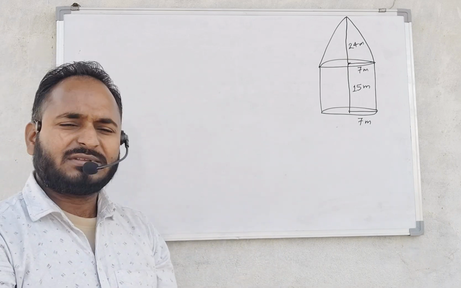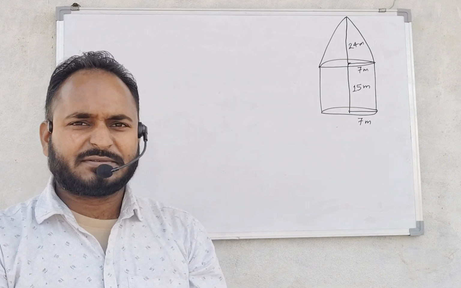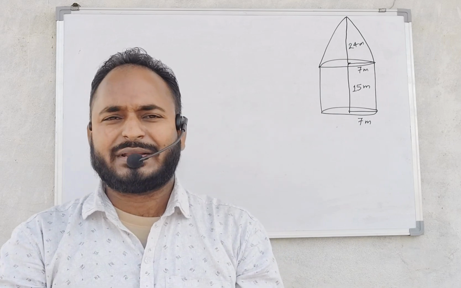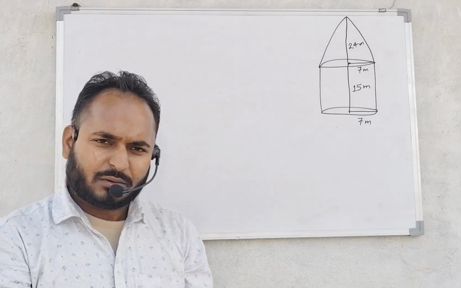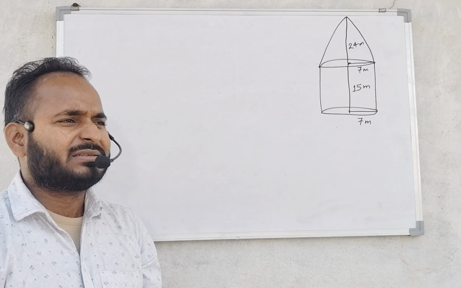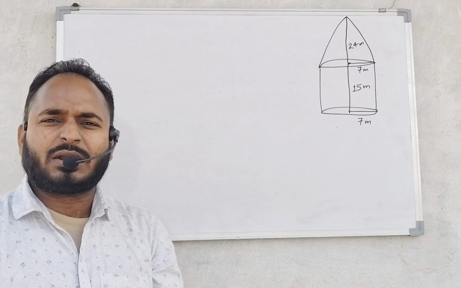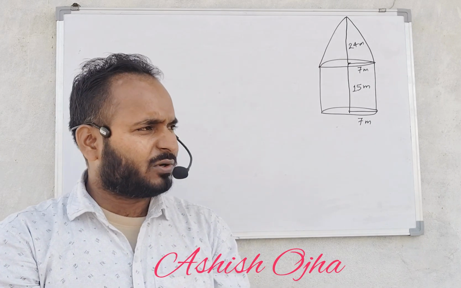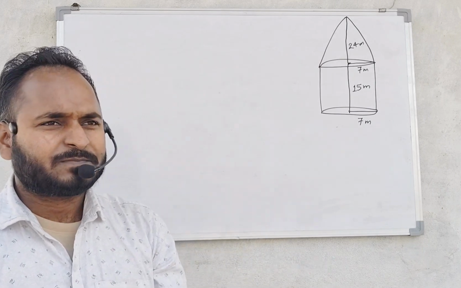The next topic is surface. A surface is the part of any object which is in contact with the environment, in contact with air. That means the outer layer of any object which is in contact with air is called surface.